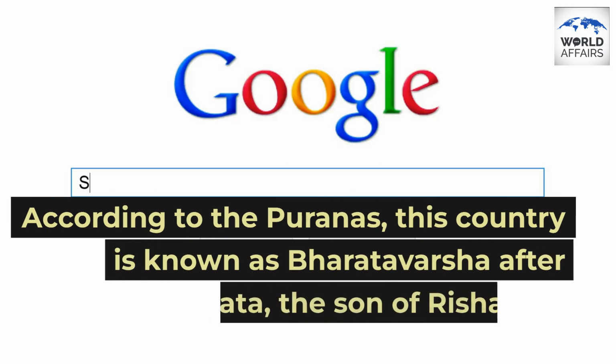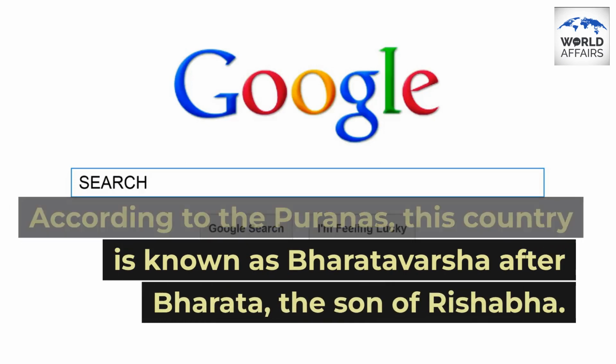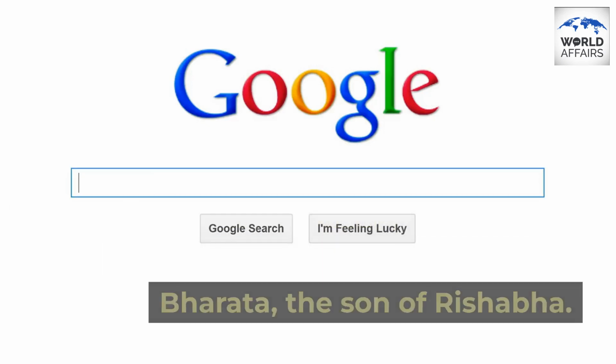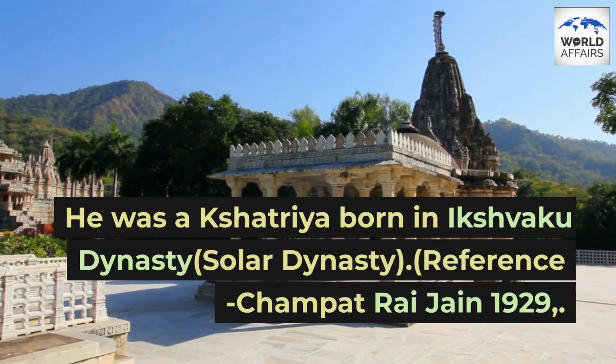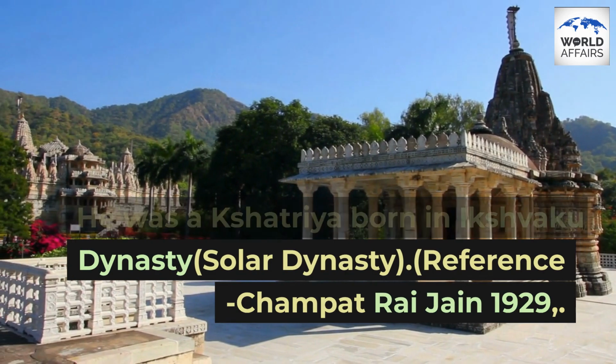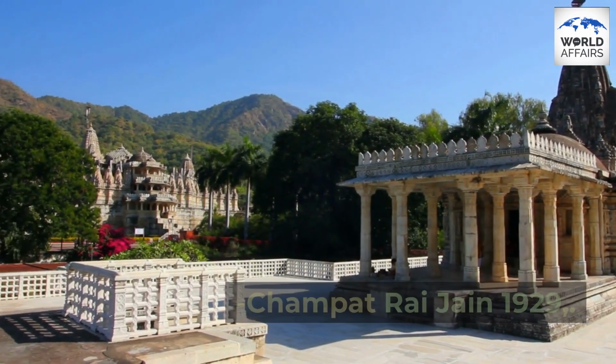According to the Puranas, this country is known as Bharatavarsha after Bharata, the son of Rishabha. He was a Kshatriya born in the Ikshvaku dynasty, the Solar dynasty. Reference Champat Rai Jain 1929.